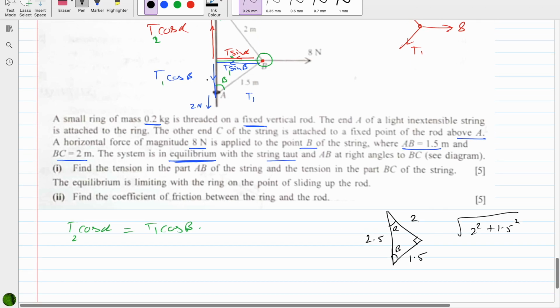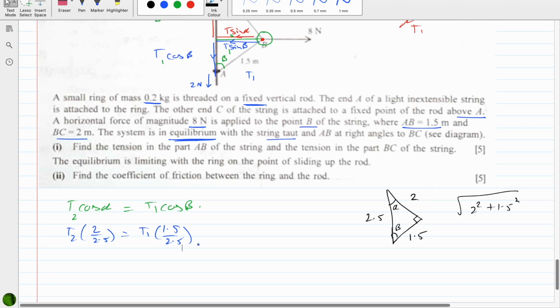Now looking at this triangle, cos of alpha is base over hypotenuse, that is 2 by 2.5. On the other side, cos beta is base over hypotenuse, 1.5 by 2.5. Now I'm making T2 the subject. So this crosses out, T2 equals T1 into 1.5 by 2, which is 3 by 4 of T1.